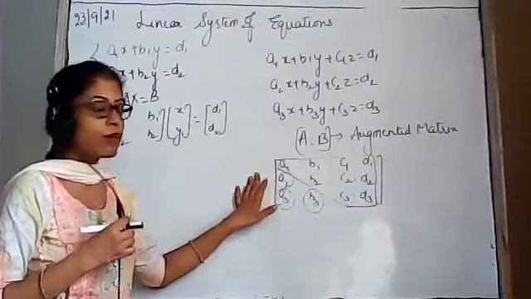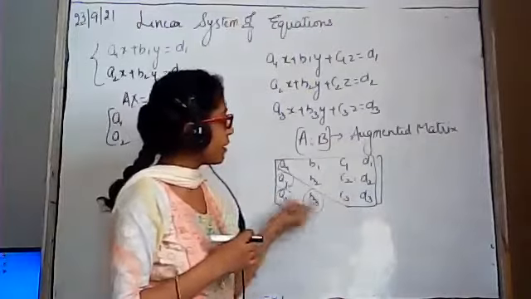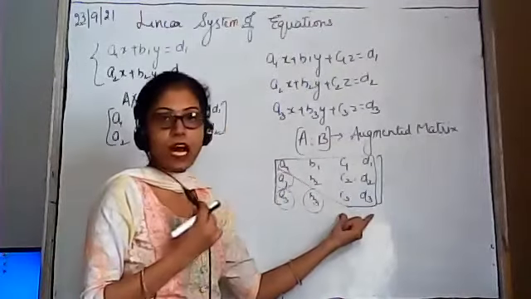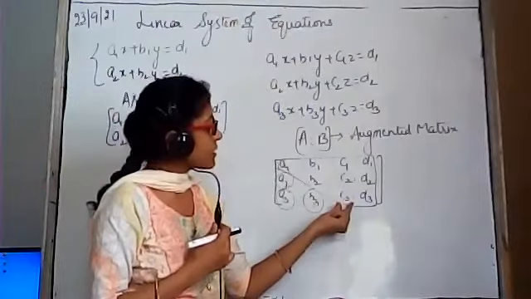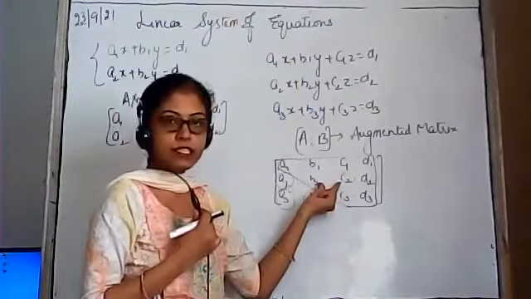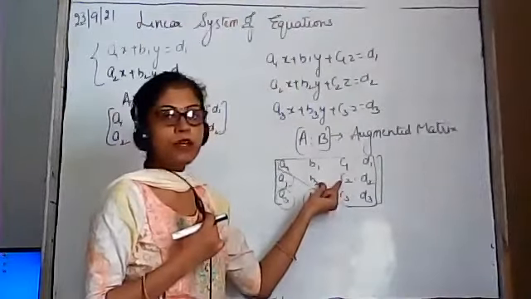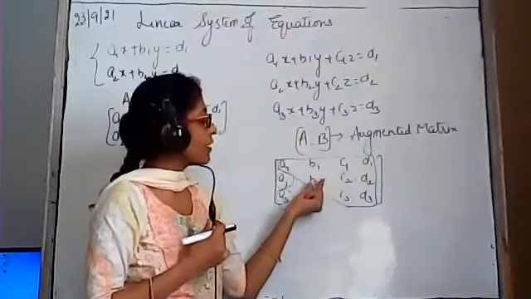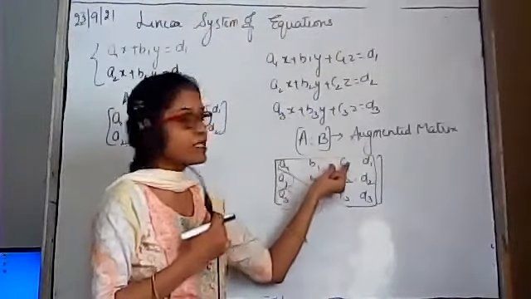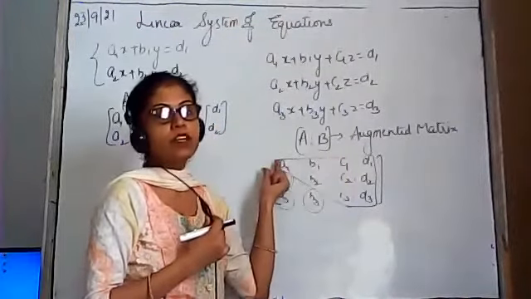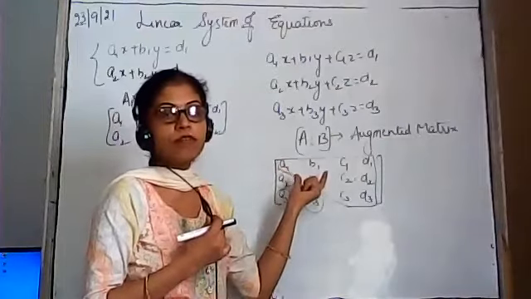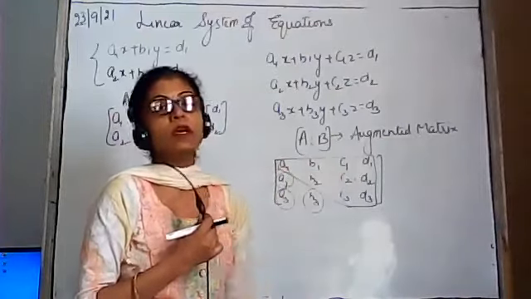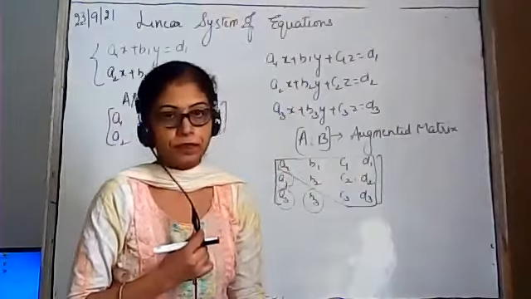From it, we will find the equations again, and from the last row we will find the value of z. Substituting the value of z in the previous equation, you will get the value of y. Then substitute the values of y and z in equation number 1, and you will get the value of x. This process of getting the values of x, y, and z is called back substitution method.